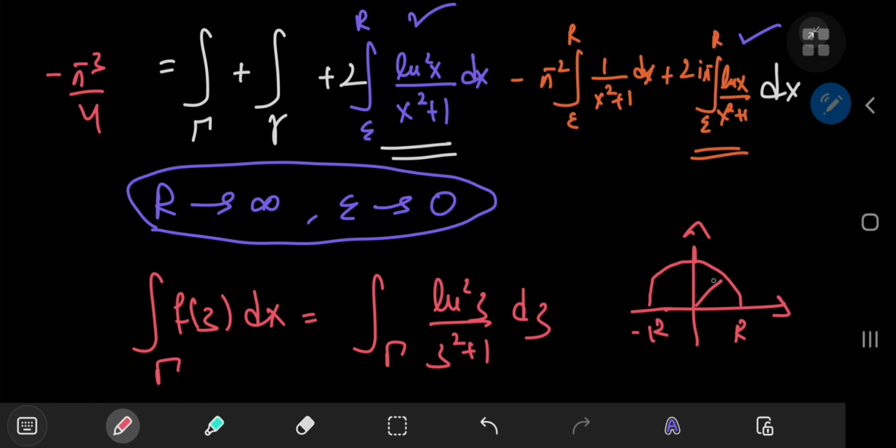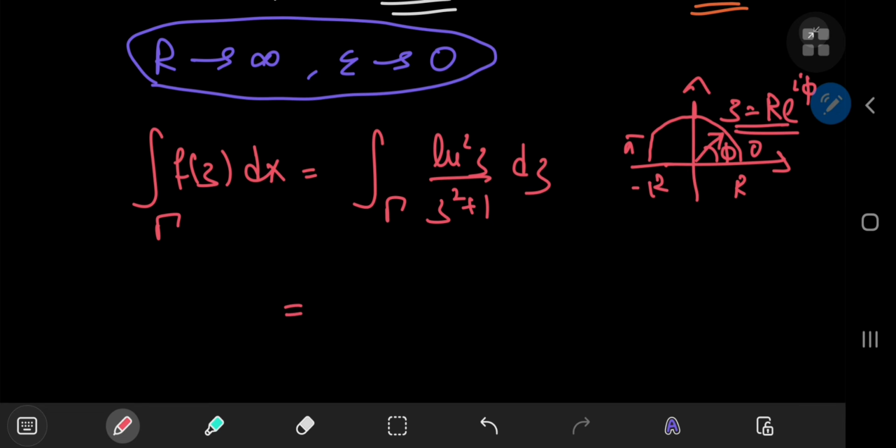So any complex number written as a vector on this semicircle can be written in this form. r times e to the i phi in the polar form, of course, where phi varies from 0 here to pi radians here, from 0 to pi. So this is the form of all complex numbers on this contour.